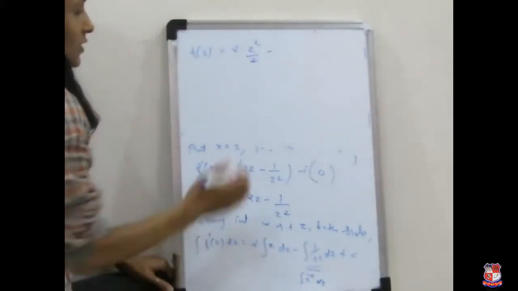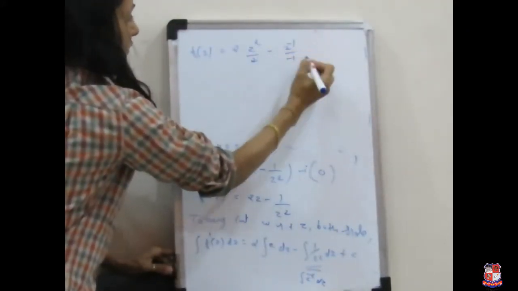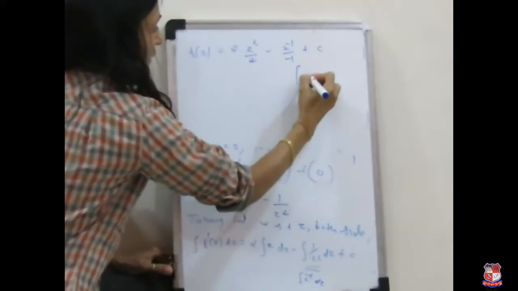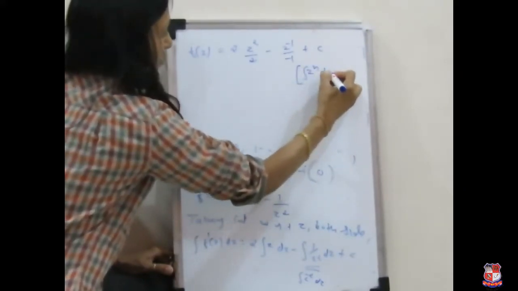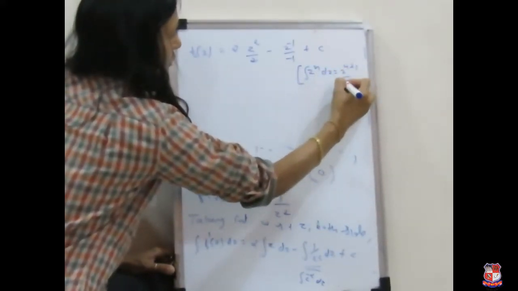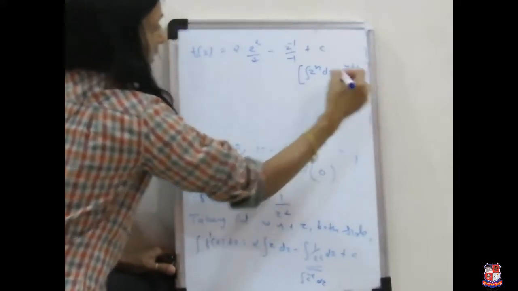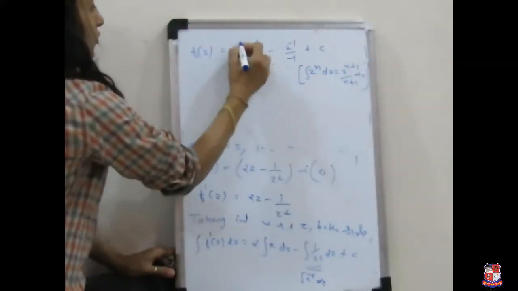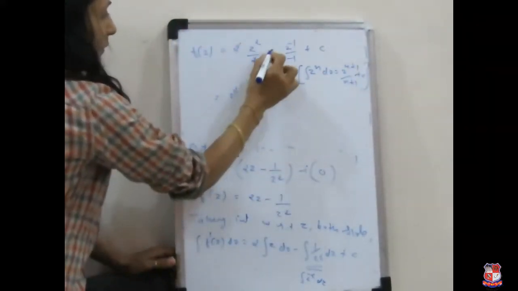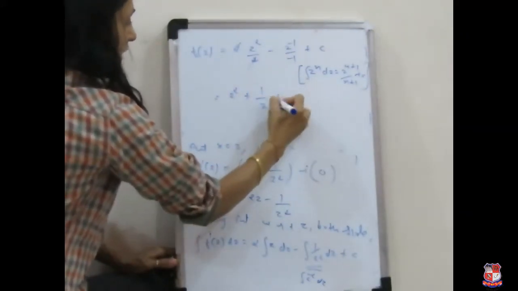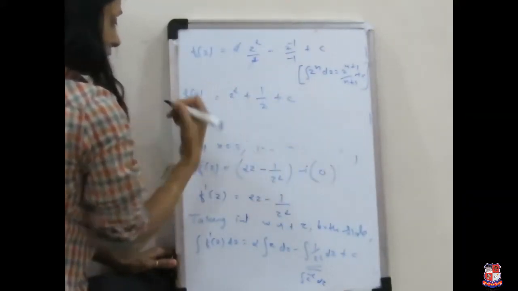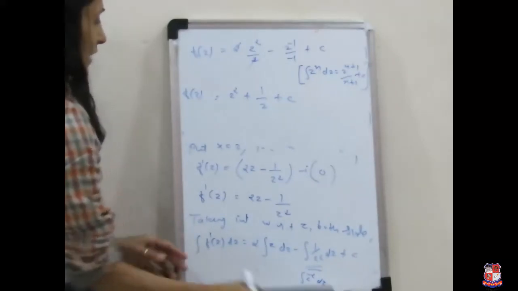What is z raised to minus 2? That is z raised to minus 1 upon minus 1 plus c. We use this formula: integration z raised to n is z raised to n plus 1 over n plus 1 plus c. The 2 cancels, that is z square, minus minus plus, that is 1 upon z plus c. This is our f of z.